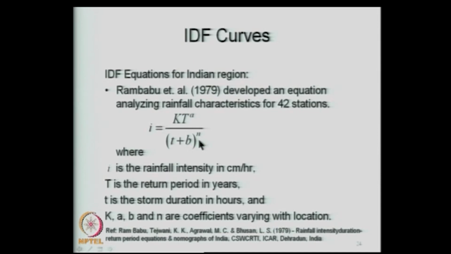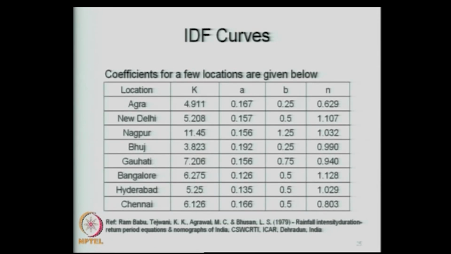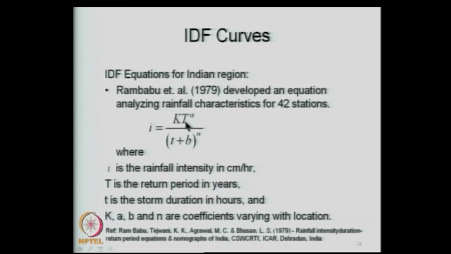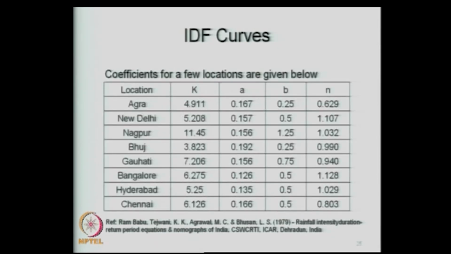It is an empirical relationship, and these coefficients have been proposed by them for various locations. For the purpose of this lecture, I have just picked up a few locations, for example Agra, New Delhi, Nagpur. K, A, B and N are provided, and once they are known, for a given return period you can get I by specifying the duration, and therefore the IDF relationship gets fixed. So, these are for various locations.